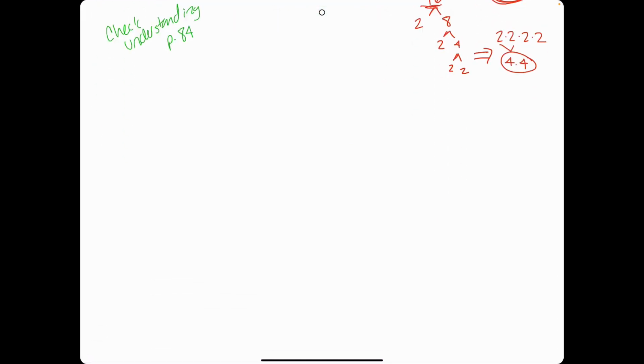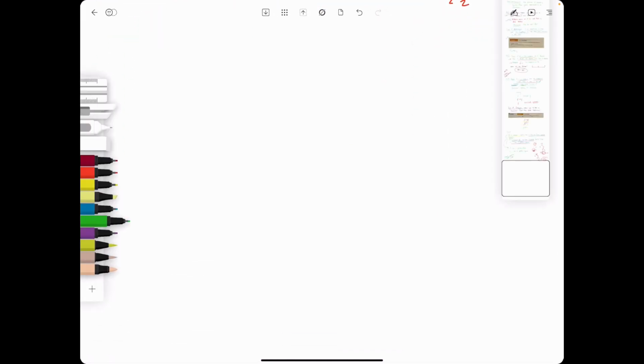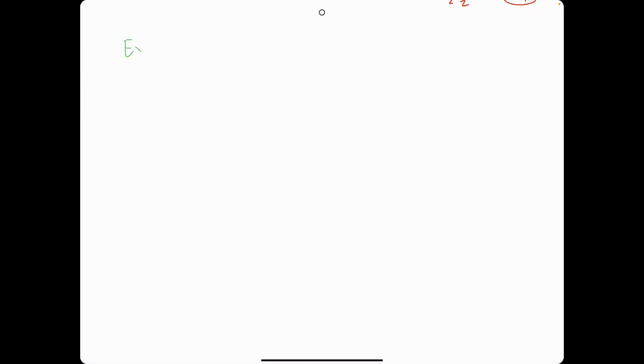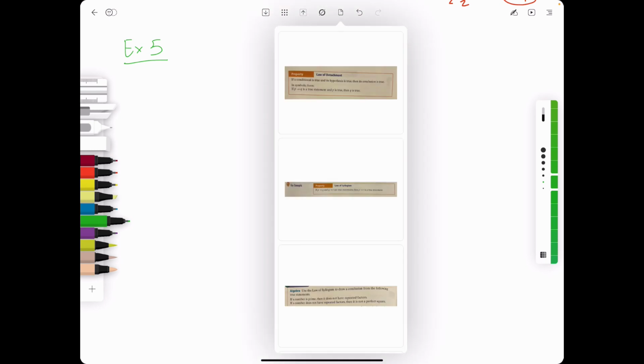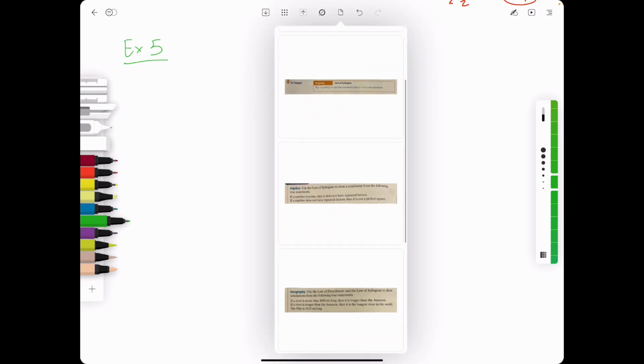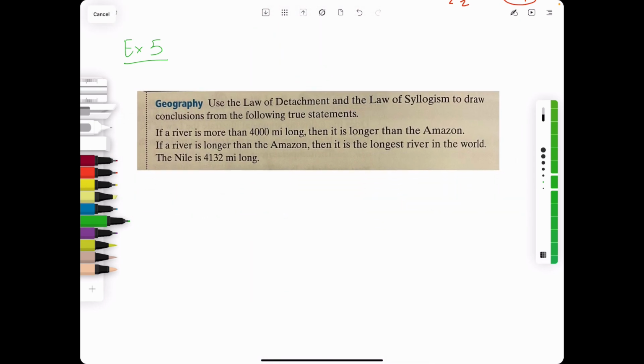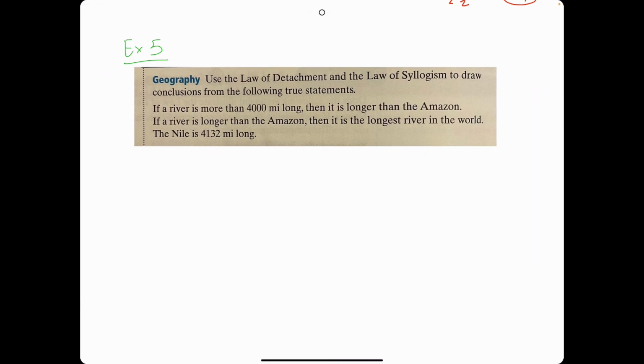Let's move on to our last example, example 5. It says, use the law of detachment for this one. And I'm going to pull this in here just because it's a little faster than writing all this out. You can choose to write this out if you want to or not. Use the law of detachment and the law of syllogism to draw conclusions from the following true statements.